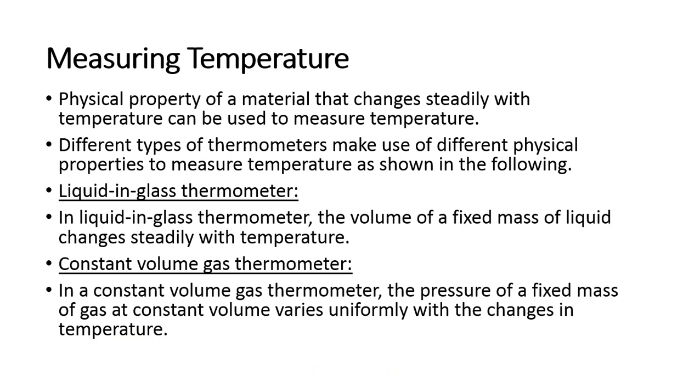Now, change to a material could be of two types. One change is called physical change and the other is called chemical change. A physical change of a material would be like this: you have a whiteboard and you cut that whiteboard into two pieces, but the whiteboard still remains a whiteboard.